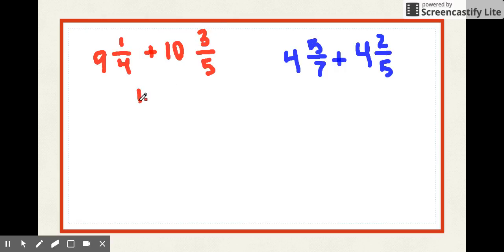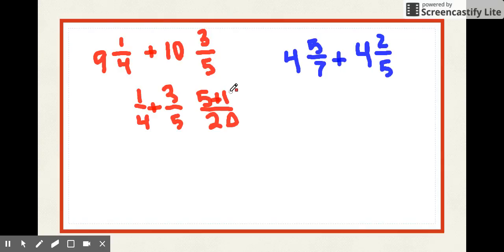And if you were to add 1/4 and 3/5, I'm going to use a shortcut. So let's see, 4 times 5 is 20. And then 1 times 5 is 5. It's asking you to add. 4 times 3 is 12.